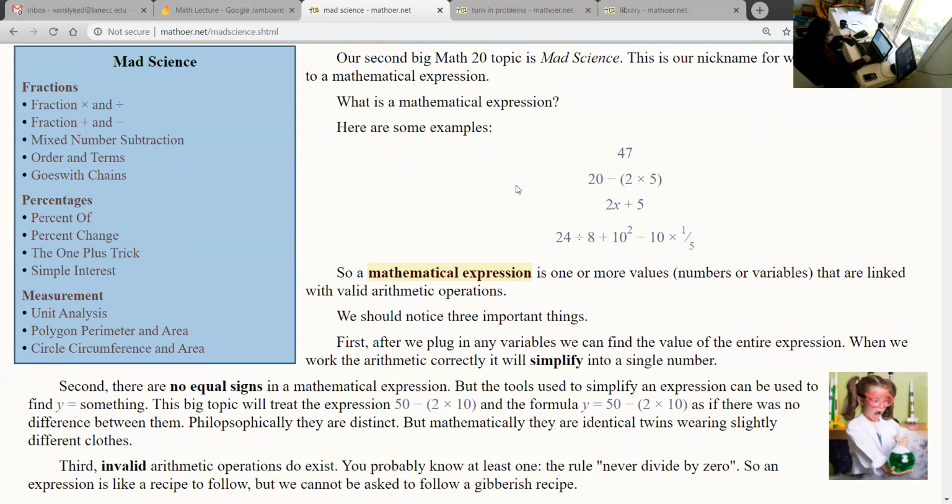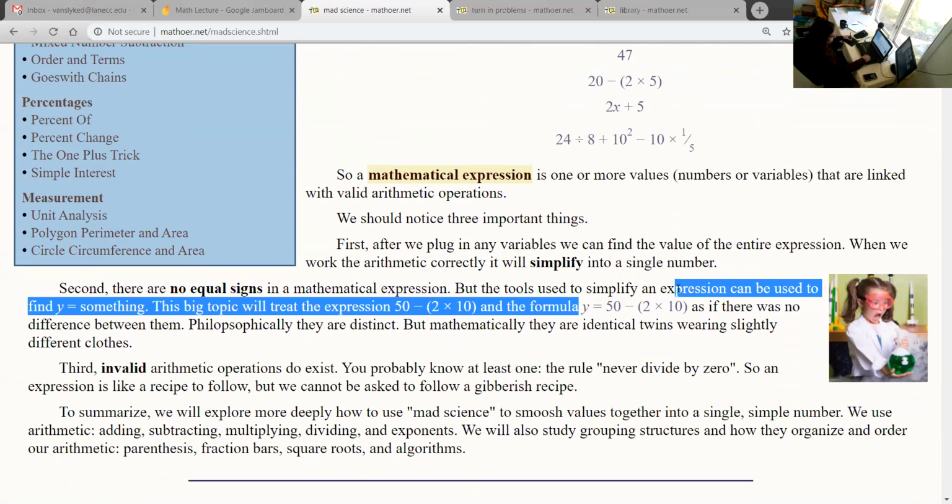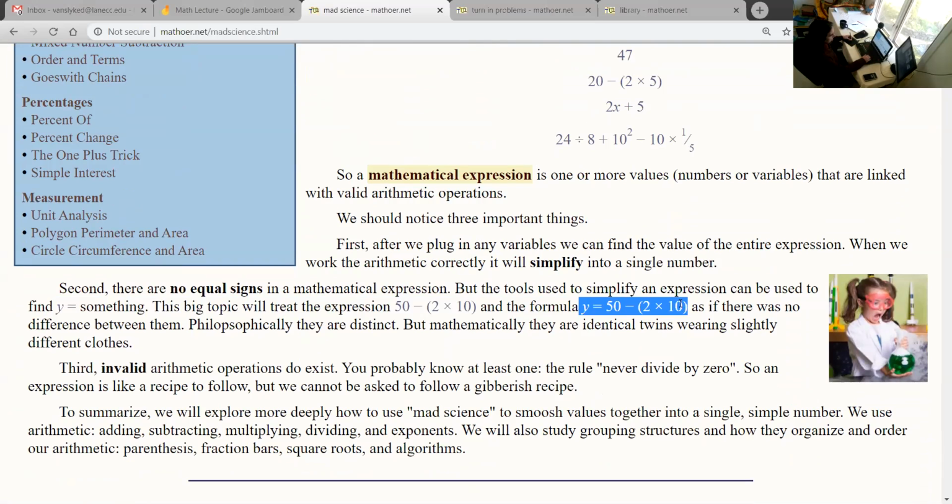We're not doing anything with equations yet, except that I'm lying to you. If we have an equation like y equals a bunch of stuff, then all we're doing is figuring out what that bunch of stuff is. So in this kind of equation, y equals a bunch of stuff, it really is just the expression.